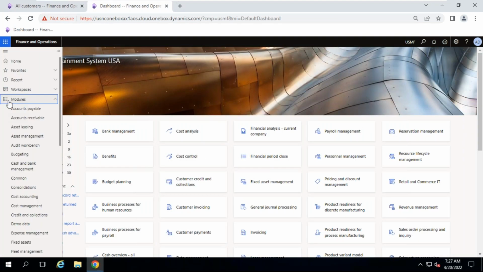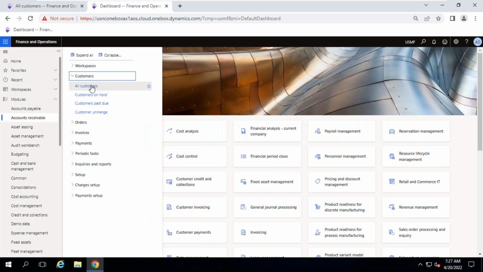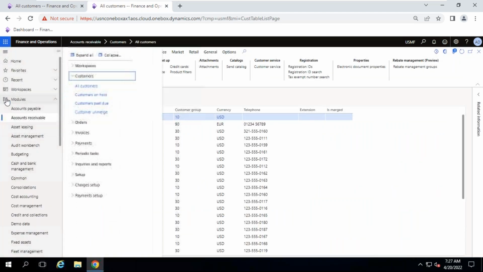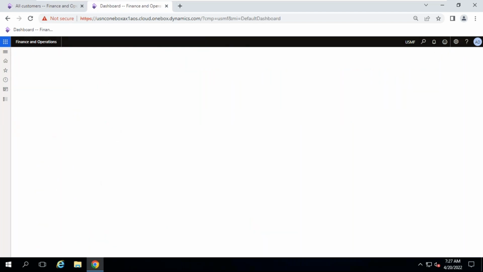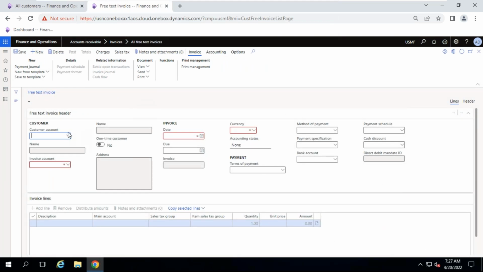Now I have provided a service to the customer. Accounts receivable, collapse all invoices, free text invoice. Click on the new button and select the customer which we have created.